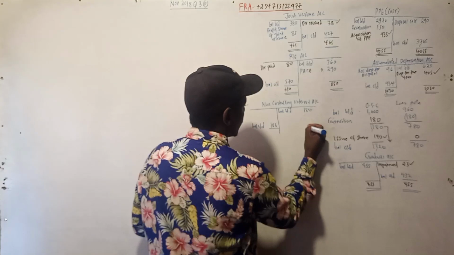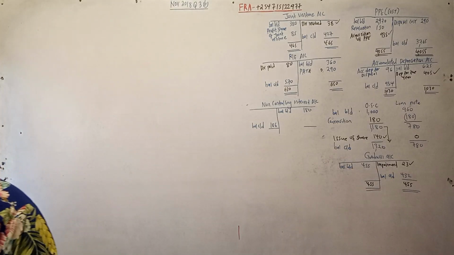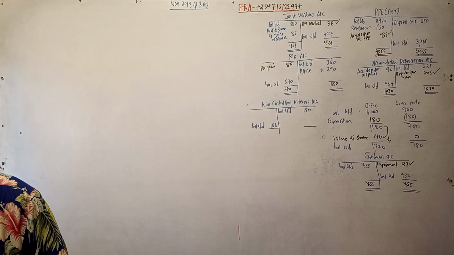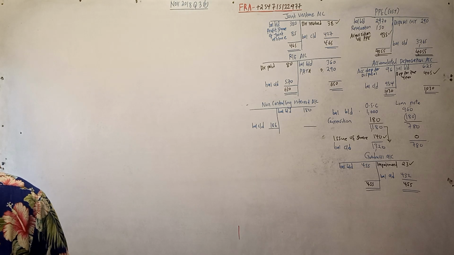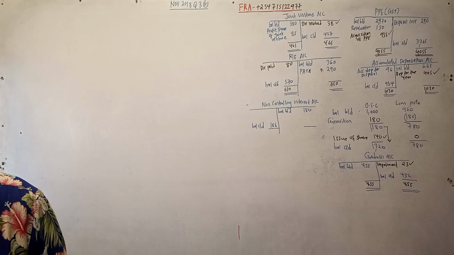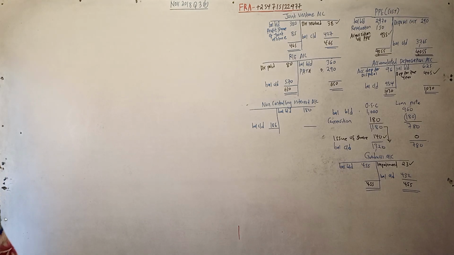Then we balance this account. But before we balance it, let us check if there was any profit attributable to the non-controlling interest.